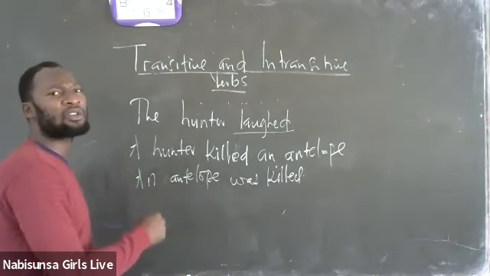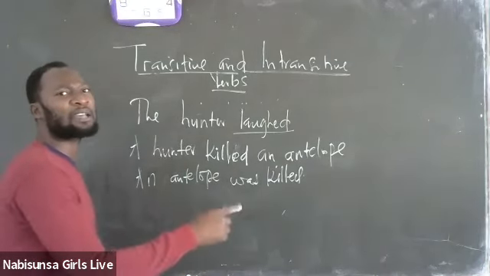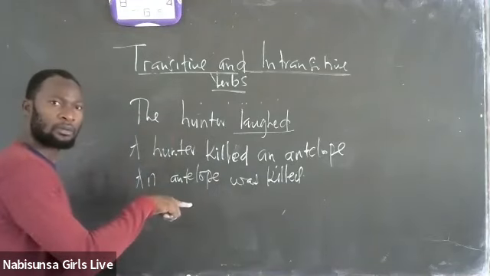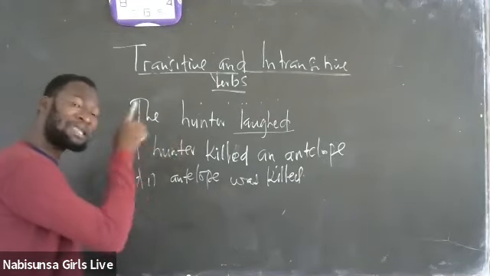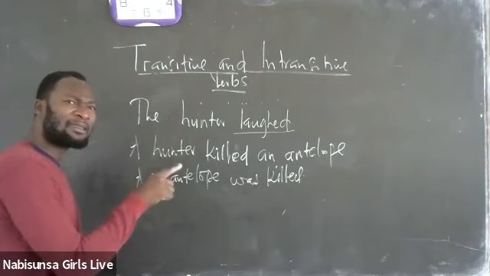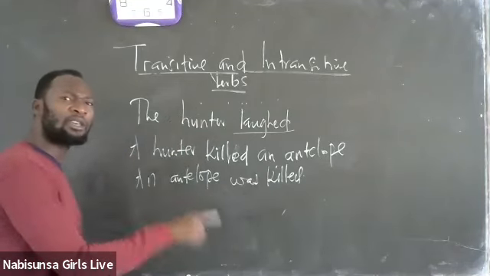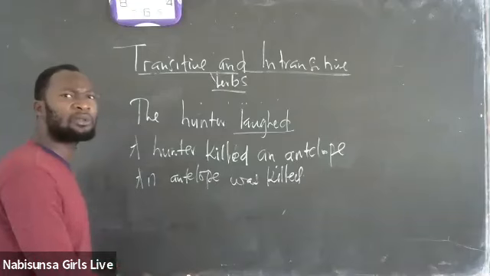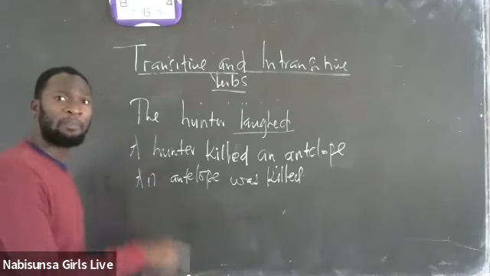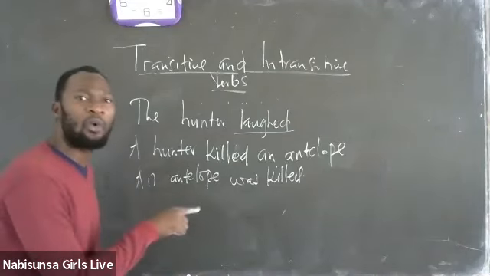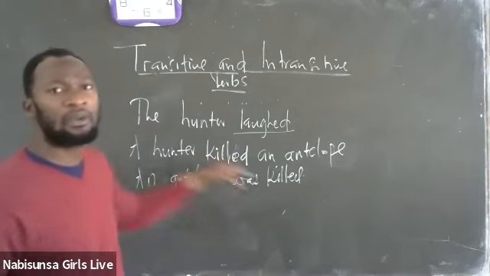The doer of the action is not so important to us. What is important to us is the action. All right? In the passive voice, but I say that even if you added on killed by the hunter, you will not have committed a crime. Why? Because your interest is in knowing who killed the antelope.